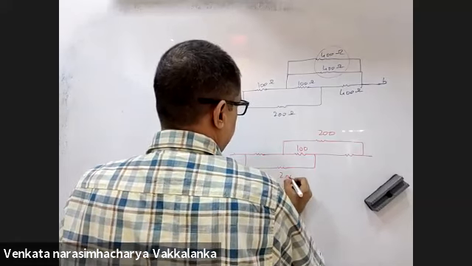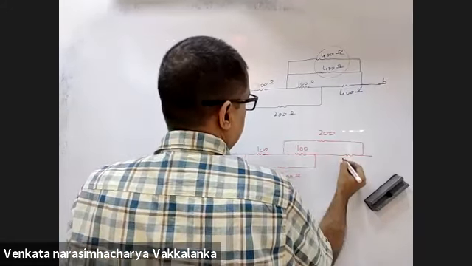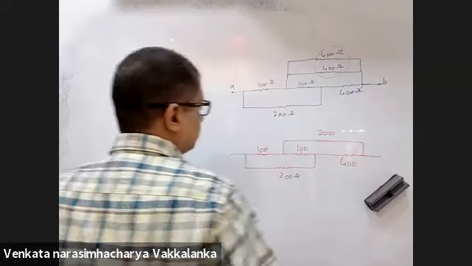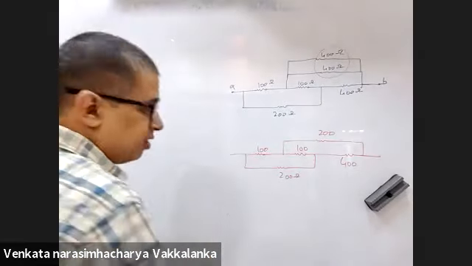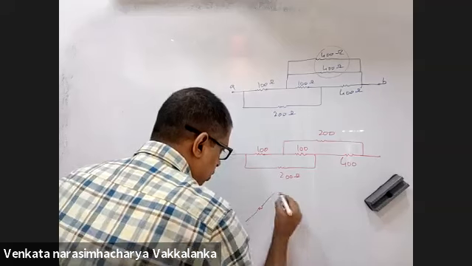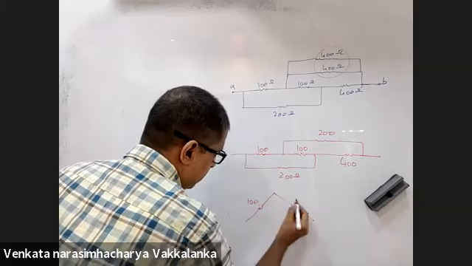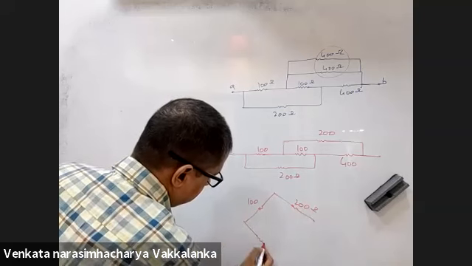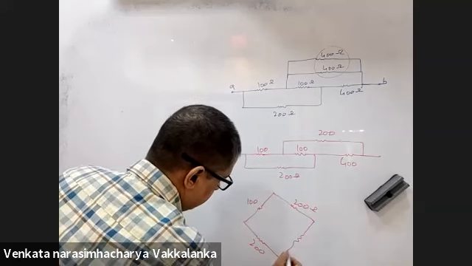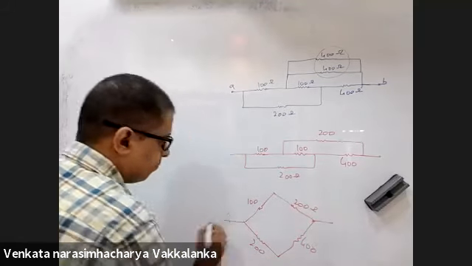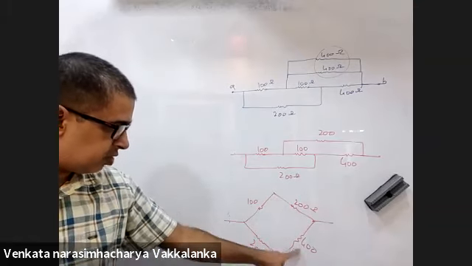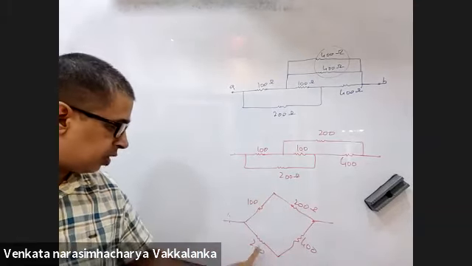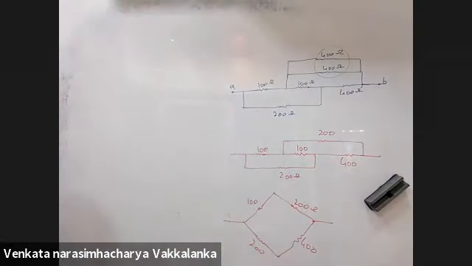This is 100, 200, 100, 400. Now 100 by 200, 200 by 400, this we have already seen. It will come out to be 100 here, 200 here, 200 here, and 400 here. This branch in between can be removed as this by this is equal to this by this. So these both are in series, these both are in series, and they both are in parallel combination.